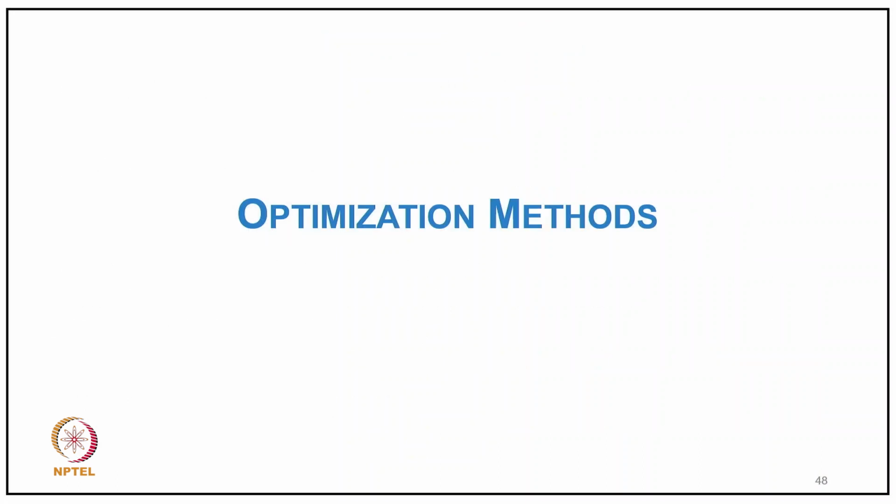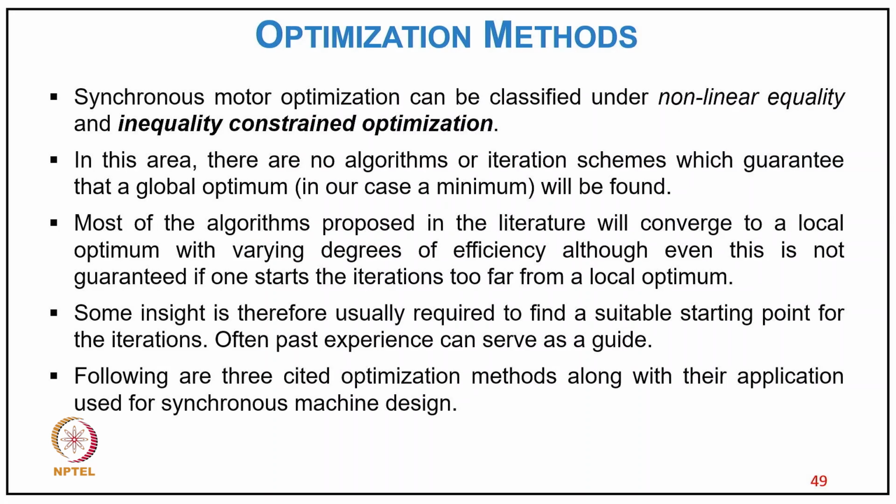Now coming to the optimization method, which is used for getting a synthesis approach to optimum design. Synchronous motor optimization can be classified under nonlinear equality and inequality constraint optimization. In this area, there is no algorithm or iteration scheme which guarantees that a global optimum, in this case a minimum, will be found.